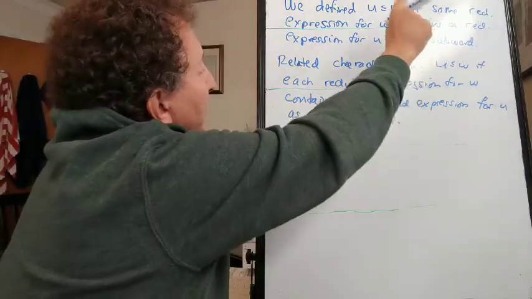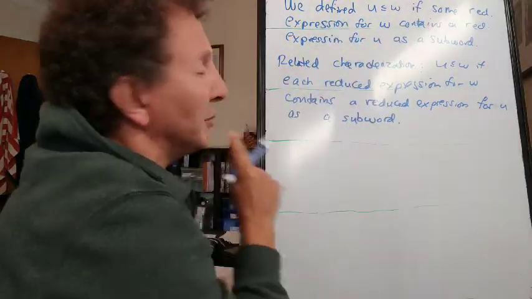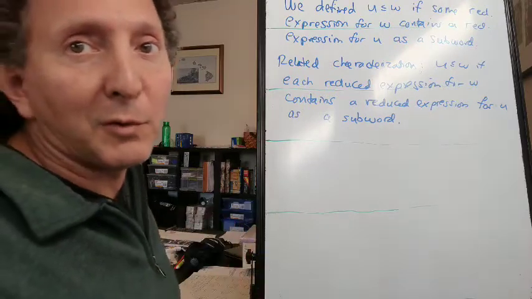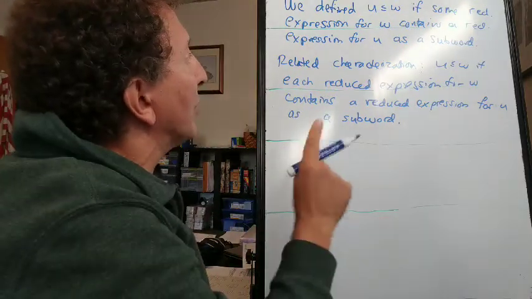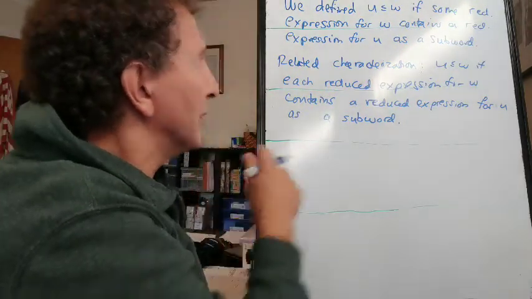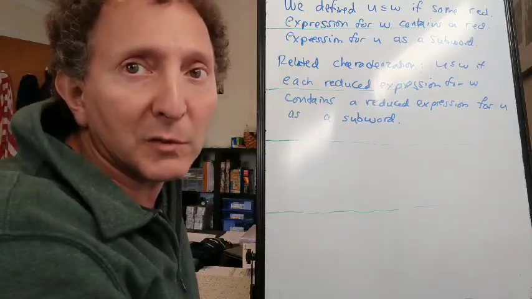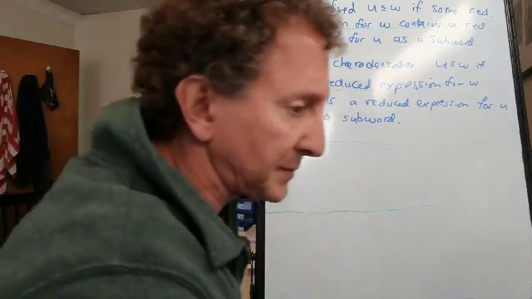So you don't have to worry about if you found the right reduced expression for W, because it turns out that every reduced expression for W will contain a reduced expression for U as a subword if W is indeed greater than or equal to U in the Bruhat order.